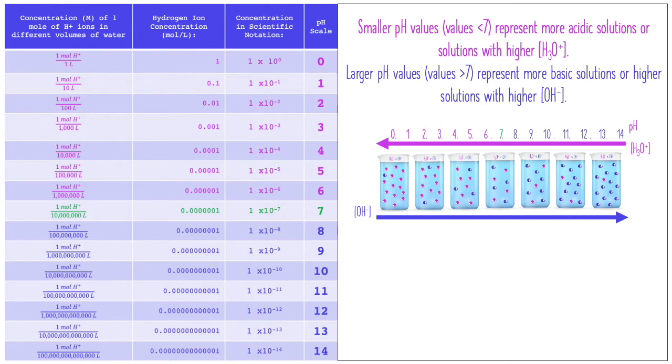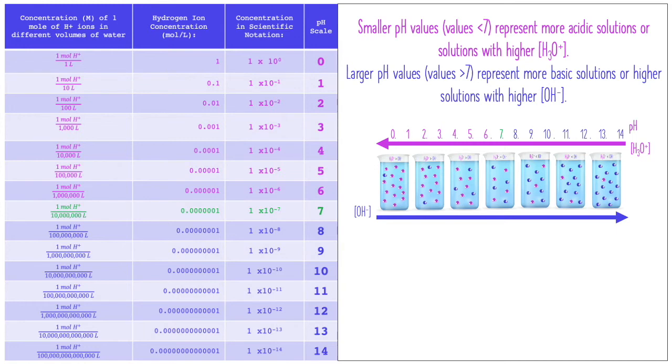And you'll notice if you look in the second column labeled hydrogen ion concentration, our concentration starts off at 1, being the most concentrated solution with a pH of 0. And as we move down, it gets less and less concentrated until we get all the way down here to a pH of 14, the very tiny hydrogen ion concentration.